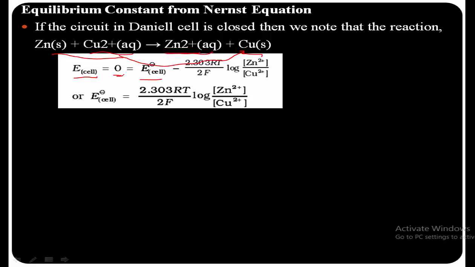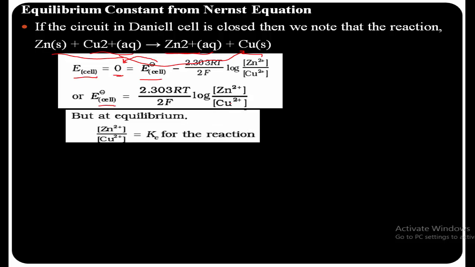Since E cell is 0, we take the standard electrode potential to this side, and we can write E0 cell, that is the standard electrode potential, is equal to 2.303 RT divided by 2F log [Zn2+] divided by [Cu2+]. This is for the Daniell cell. Now at equilibrium, the concentrations of Zn2+ and Cu2+ remain constant, and hence that constant is said to be the equilibrium constant, given as Kc.